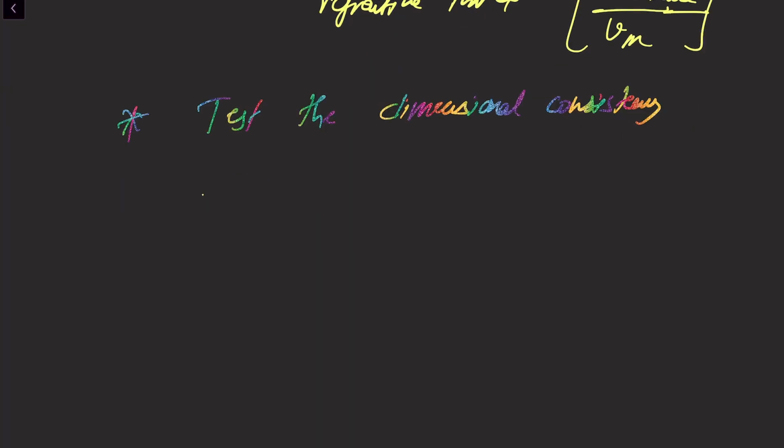Let's say x equals x naught plus v naught t plus 1 by 2 a t square. This is the distance x traveled by a particle traveling with acceleration a for time t.